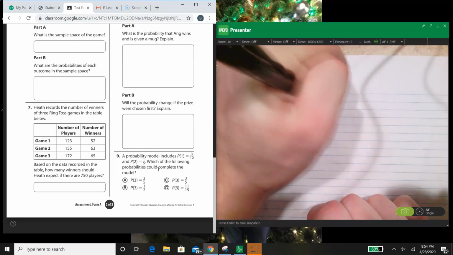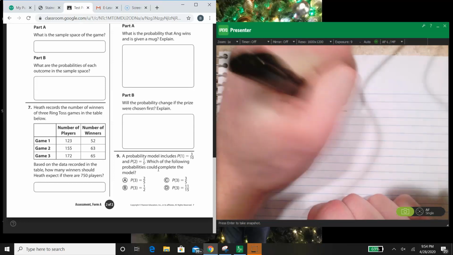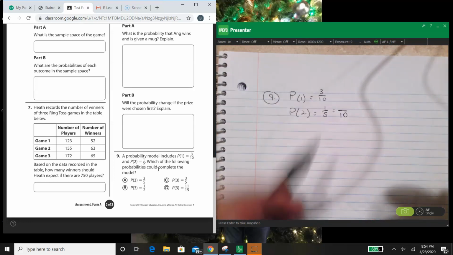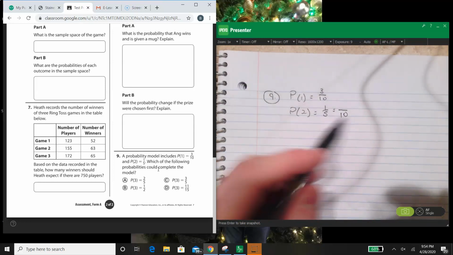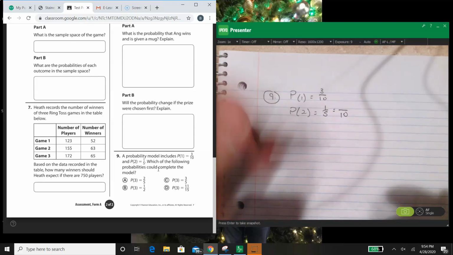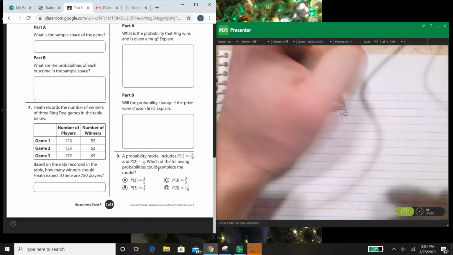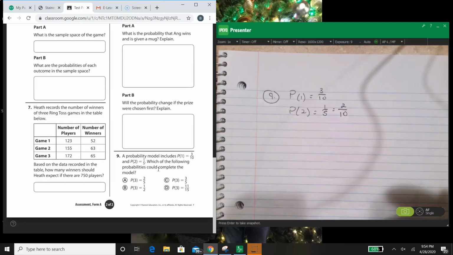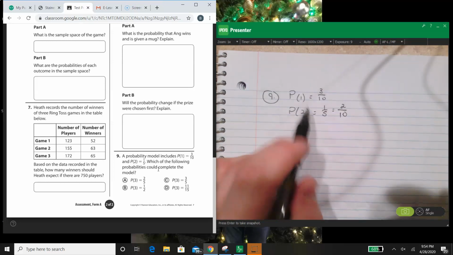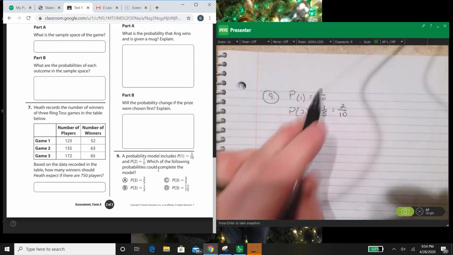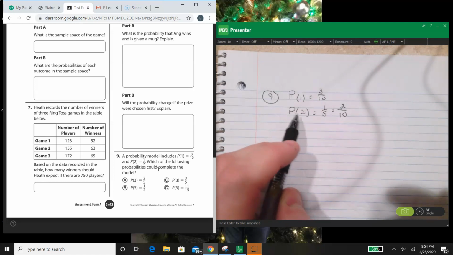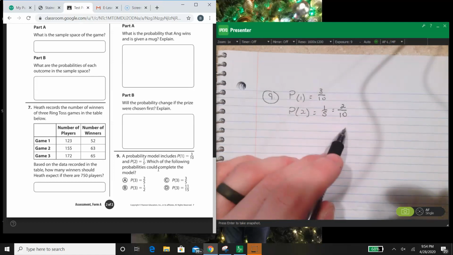So I'm going to change it where I have 10 as a common denominator. So 1/5 into 10: 5 times 2 is 10, so 1 times 2 is 2. So the probability of a 1 is 3 over 10. The probability of a 2 is 2 over 10.